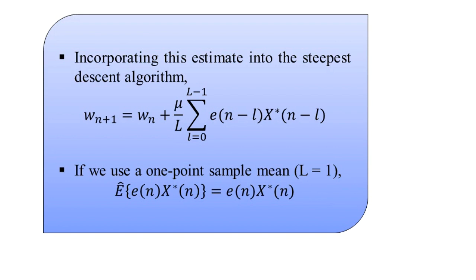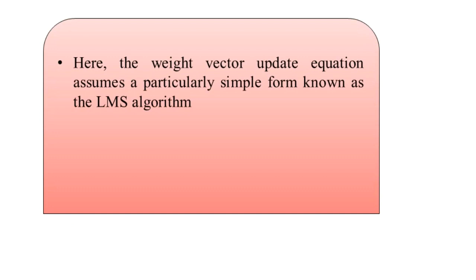In this case the weight vector update equation assumes a simple form: W suffix n plus 1 equal to W suffix n added by mu multiplied by small e of n with the complex conjugate of x of n, and this simple form of the update equation is known as the LMS algorithm.